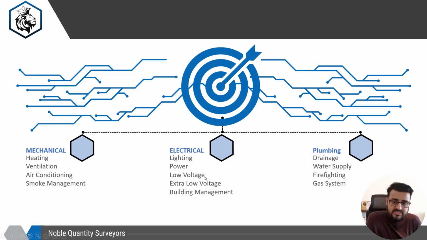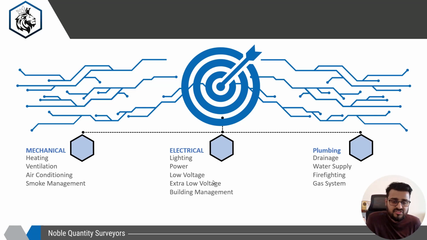Low voltage: all the buildings get power from the centralized government electricity authority. Once it enters a building through the transformer, it is known as a low voltage system. And there is one more, the extra low voltage system.